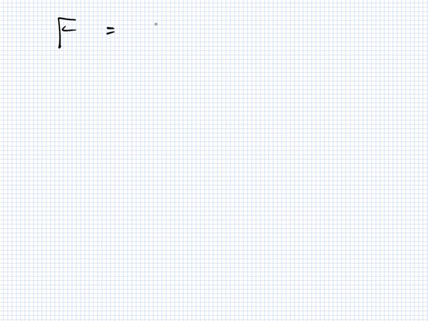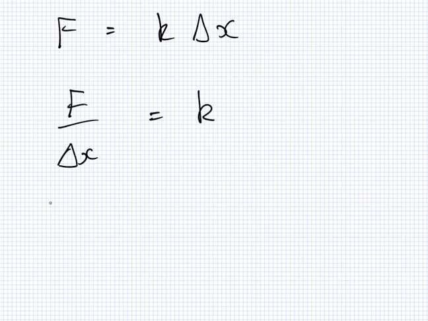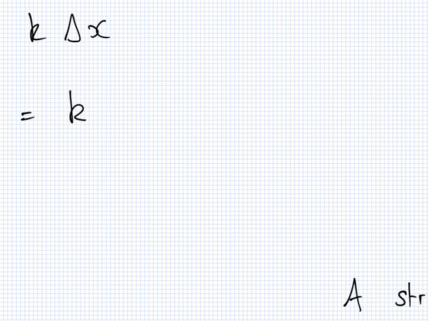F equals K delta x, so F over delta x equals K. What do we measure force in? Newtons. And what do we measure distance in? Meters. So the K is newtons per meter. Is that okay? You got it?